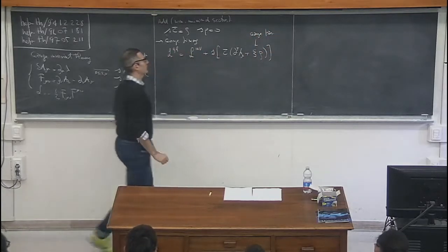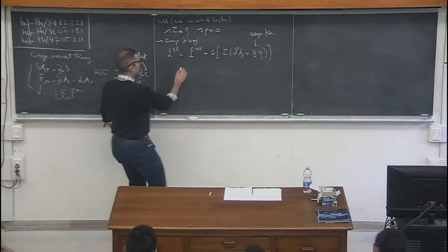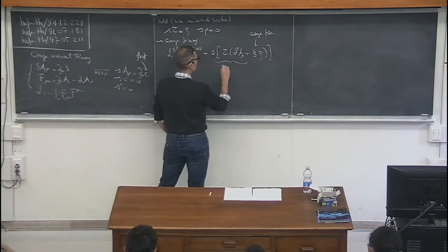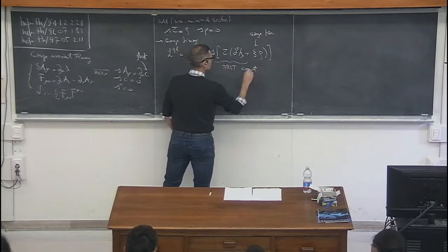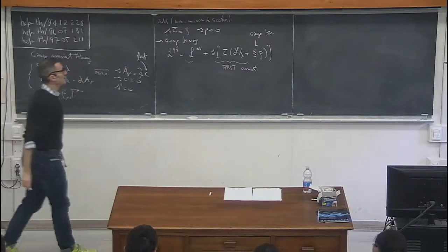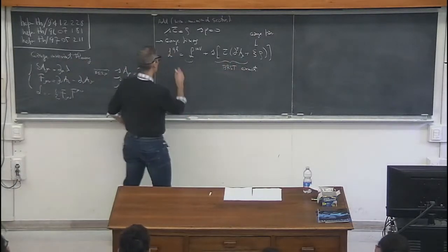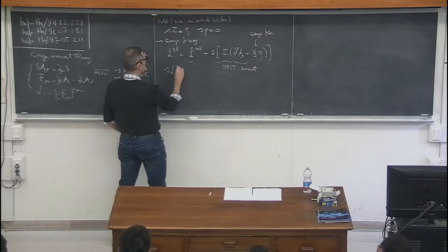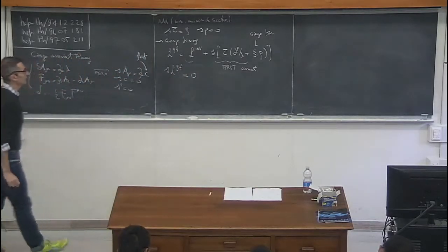So this is the gauge invariant part, and this is BRST exact. Of course, I can always add something which is BRST exact in such a way that the final gauge fixed Lagrangian is BRST closed. Okay.